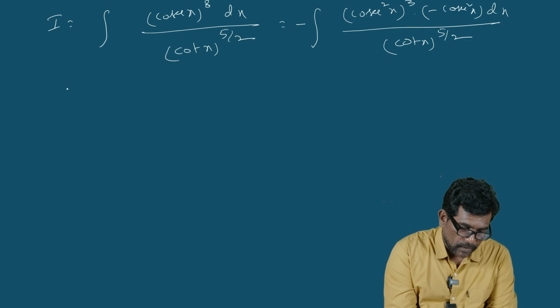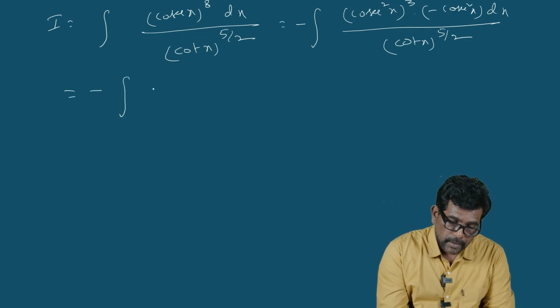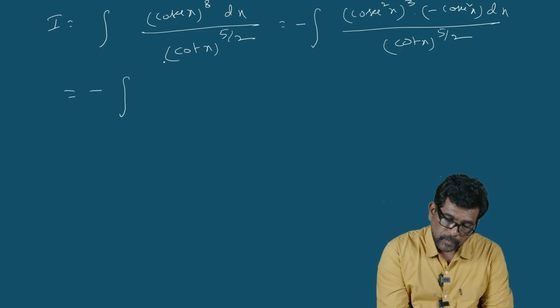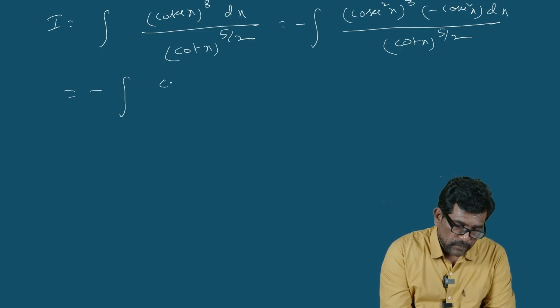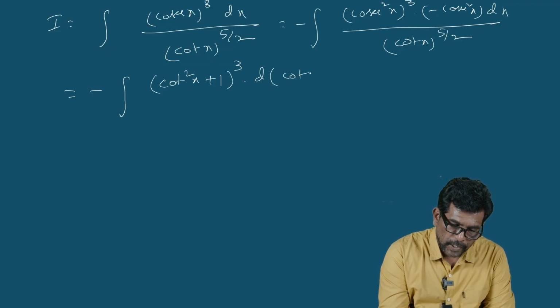Now this is equal to minus integral, cosecant square x I am writing as (cot square x plus 1)^3 into differential of cot x upon (cot x)^(5/2).